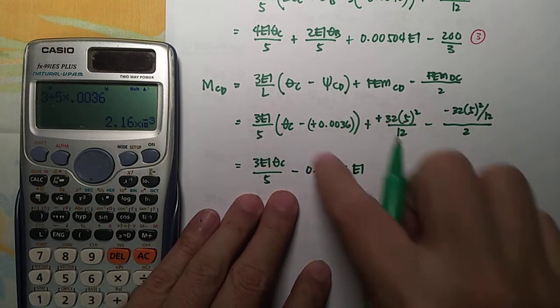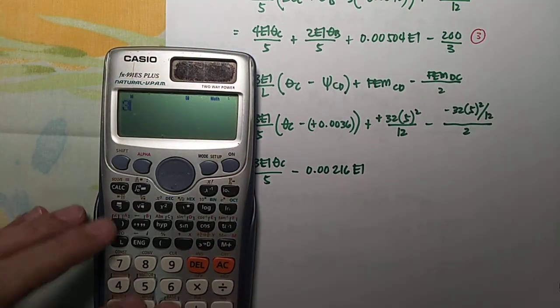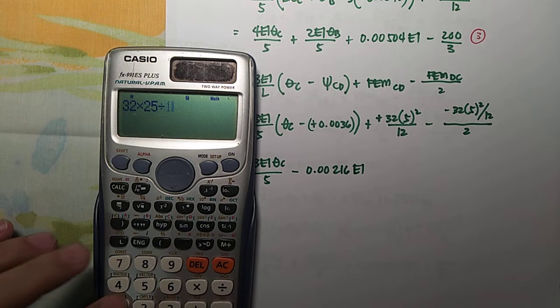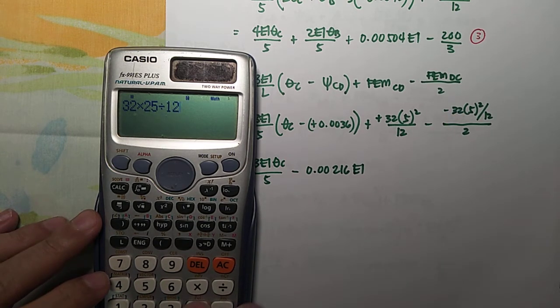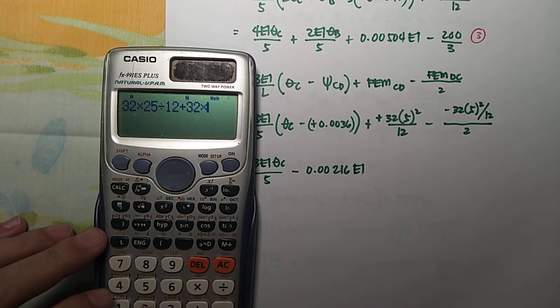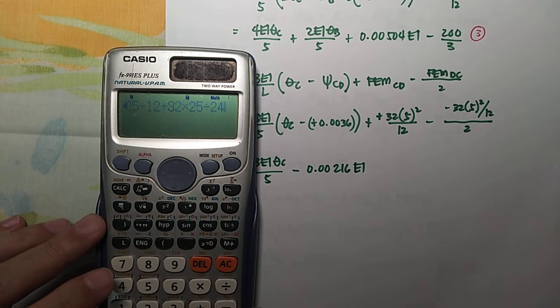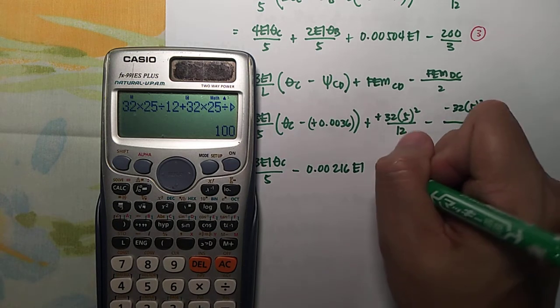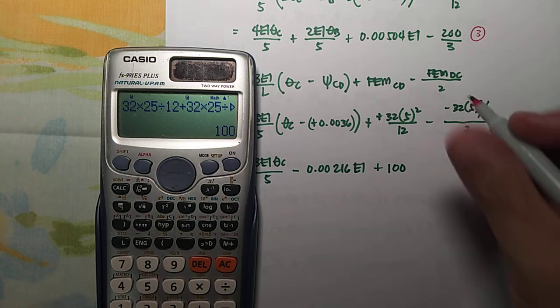Ito yun. Then, this one would be 32 times 25 over 12 minus, so magiging plus 32 times 25 over 24. So, we have plus 100. Ayan. So, that would be our fourth equation.